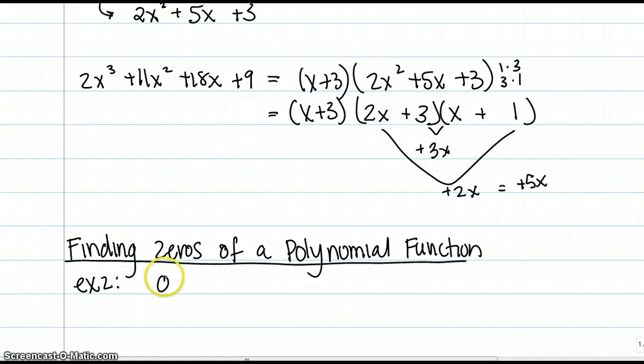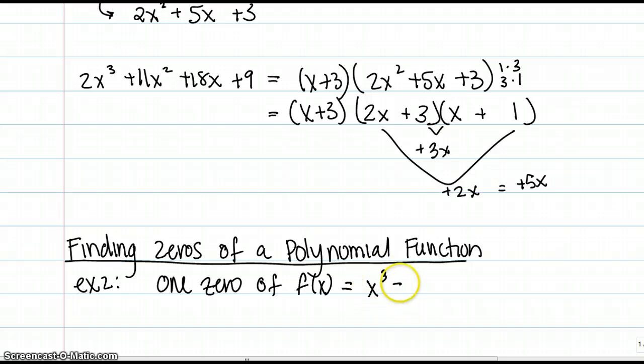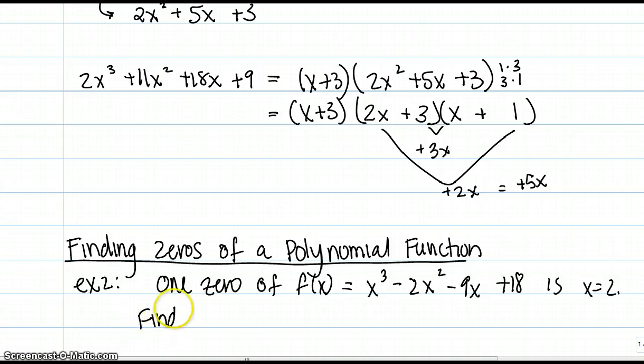One zero of the function f of x equals x to the third minus 2x squared minus 9x plus 18 is x equals 2. Find the other zeros of the function.